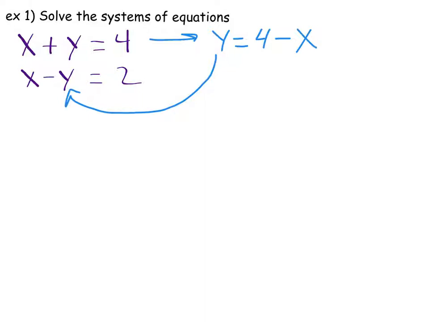The problem with this second equation is I can't solve it because it has 2 variables. But if I substitute, and I take y out and put 4 minus x in, now that equation only has 1 variable, which is x.